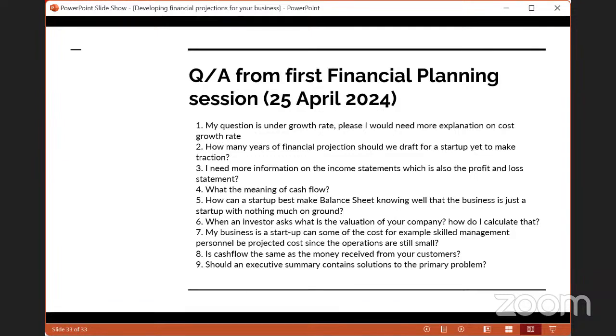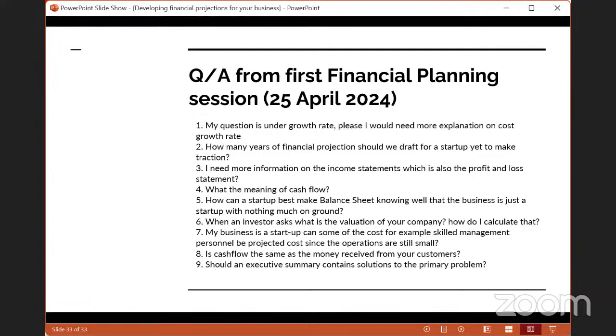Number 7, my business is a startup. Can some of the costs, for example, skilled management personnel, be projected costs since the operations are still small? Yes, they can be, very well. In fact, it's not recommended that you hire too many people when you're starting your business. You hire just the people you need, and then as your revenue grows and you have more inflow to be able to pay more salaries, you can then account for management personnel to be hired in year 2 or year 3.